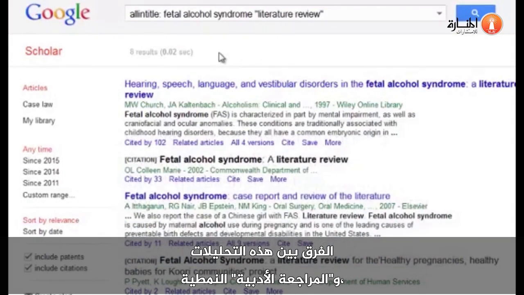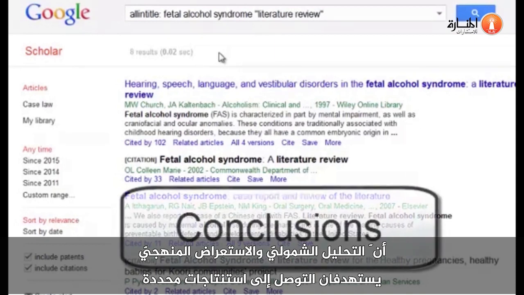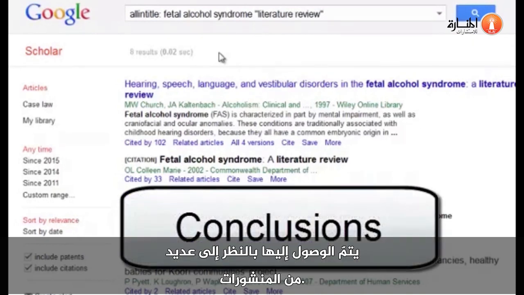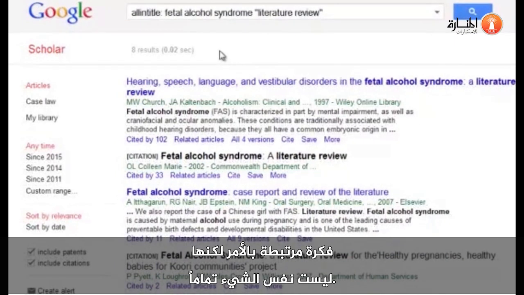Now, the big difference between these types of analyses and a standard literature review is that meta-analyses and systematic reviews try to come at specific conclusions that we can reach from looking at a wide range of the literature. Related idea, but not exactly the same.